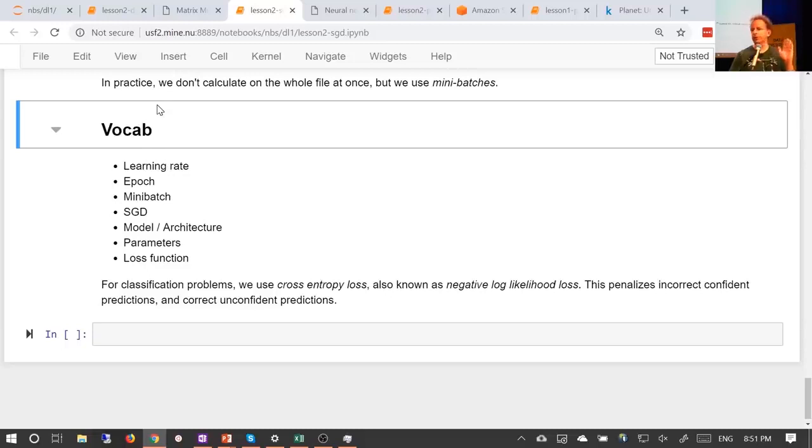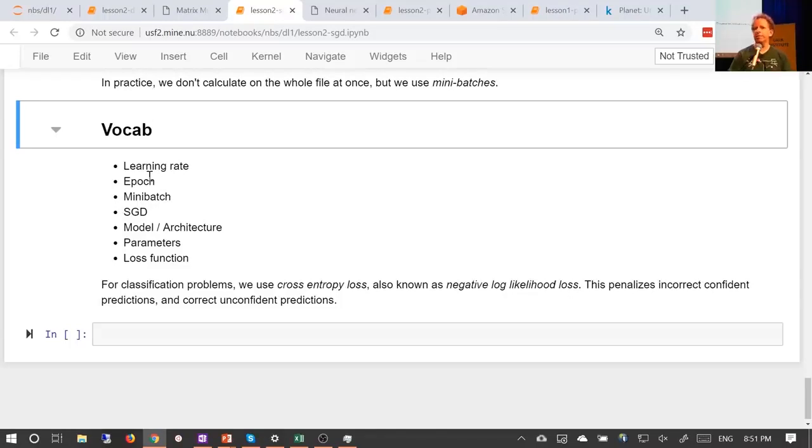So for the non-stochastic gradient descent we just did, every single loop we did the entire data set. But if you've got a data set with 1,000 images and your mini batch size is 100, then it would take you 10 iterations to see every image once. So that would be one epoch.